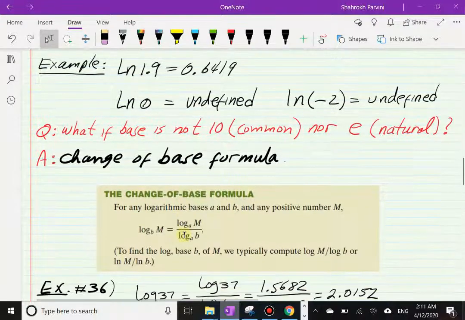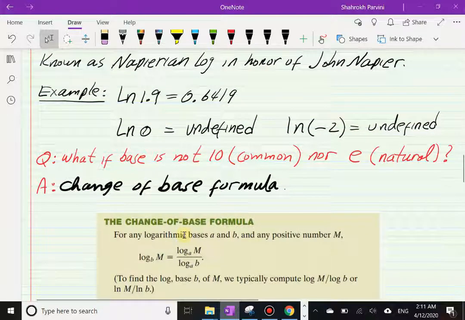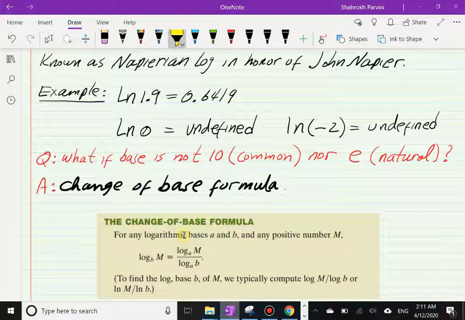And here's what the change of base formula tells us. That log in any valid base b of m could be written as log of m over log of b. But the key here is that the bases must be the same. So we cannot use two different bases.